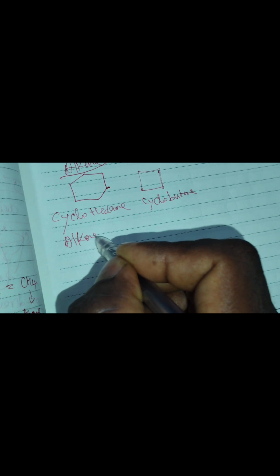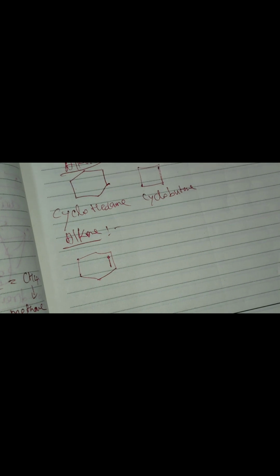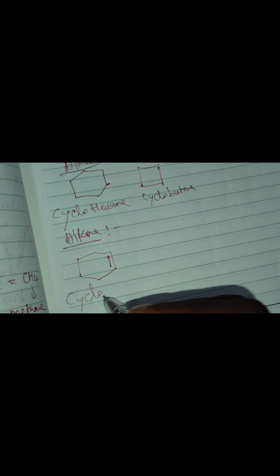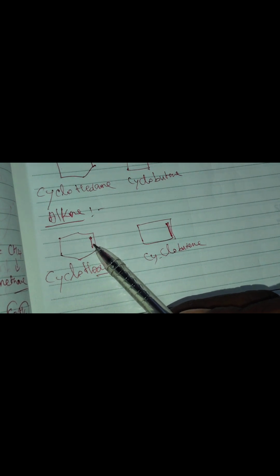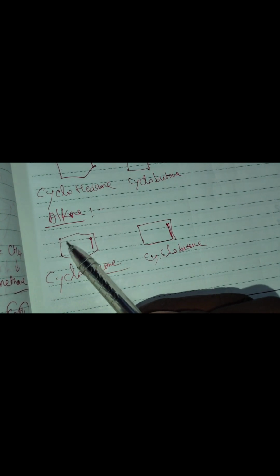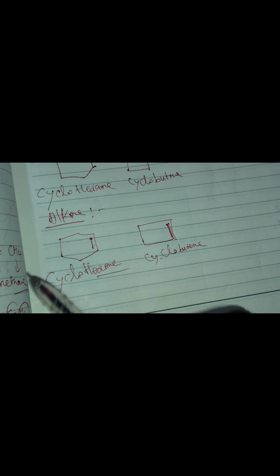Similarly in the alkene category, the same compound but with only one double bond in the ring is cyclohexene. So this is the name. And this is cyclobutene. Many students have this doubt: here only one double bond is there, and it is also possible to have the double bond here or here. Yes, that is also possible.